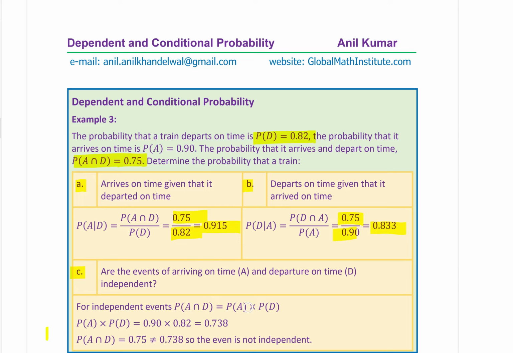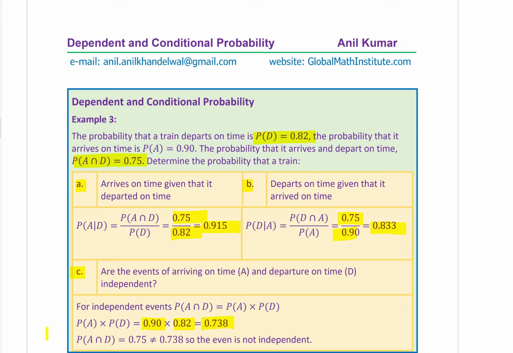So let's check the probability of arrival times the probability of departure. Do we get the probability of A and D? Let's check it out. When I multiply the probability of A with the probability of D, which are given to us as 0.90 times 0.82, we get 0.738.